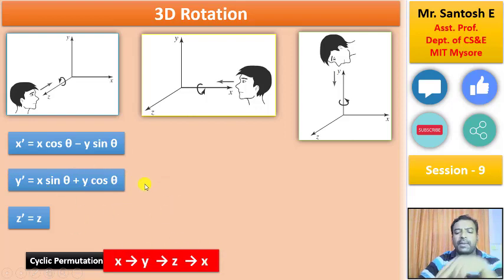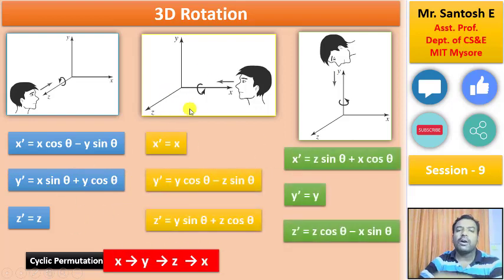If I do this, I will have the form for the x-axis as reference and the y-axis as reference. So now z should be replaced with x, and x dash equals x. I replace this x with y, hence I am going to have y dash equals y cos theta minus z sin theta. And this y is replaced with z, and this becomes z dash, with x replaced with y and y replaced with z. And this is the new form.